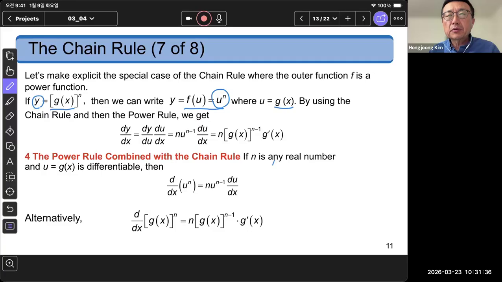Then by considering the chain rule, if I want to differentiate this y function, you need to differentiate the outer function first. If I differentiate the outer function, you get n times u to the n minus 1. And then you multiply the derivative of the inner function.